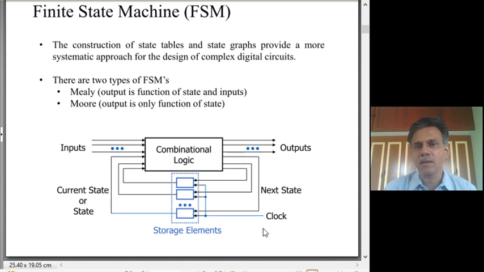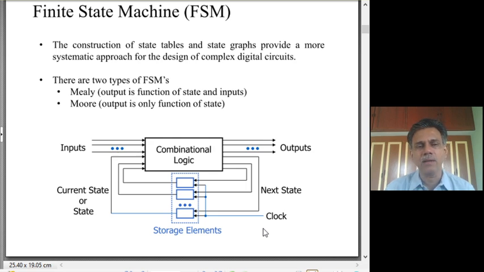So each bit represents a state variable. So there will be a collection of state variables that constitute a state. By state we mean the minimum amount of information that is required in order to characterize the behavior of the machine. Okay, so we might have looked at the state of thermodynamical systems or mechanical systems or even electrical circuits and so on, control systems and so on.